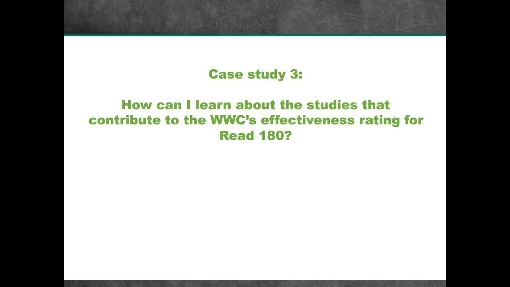Now we will dig a little deeper into a particular study with our third case study, How Can I Learn About the Studies That Contribute to the WWC's Effectiveness Rating for Read 180?